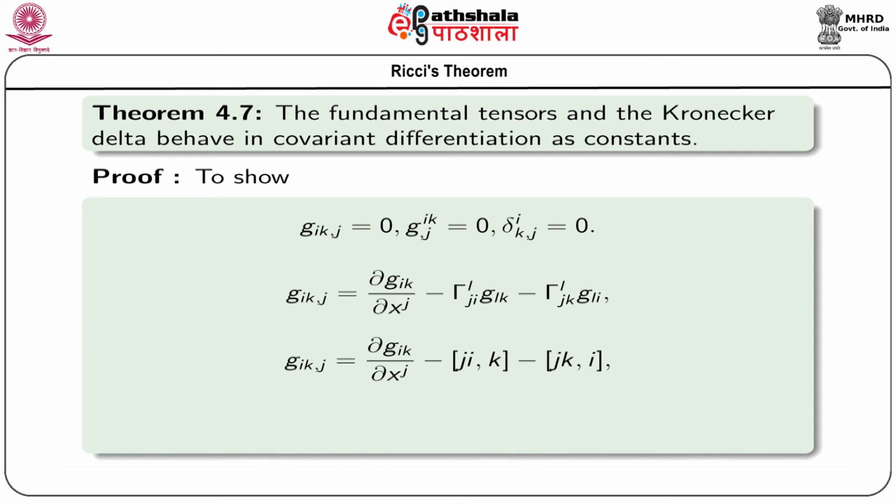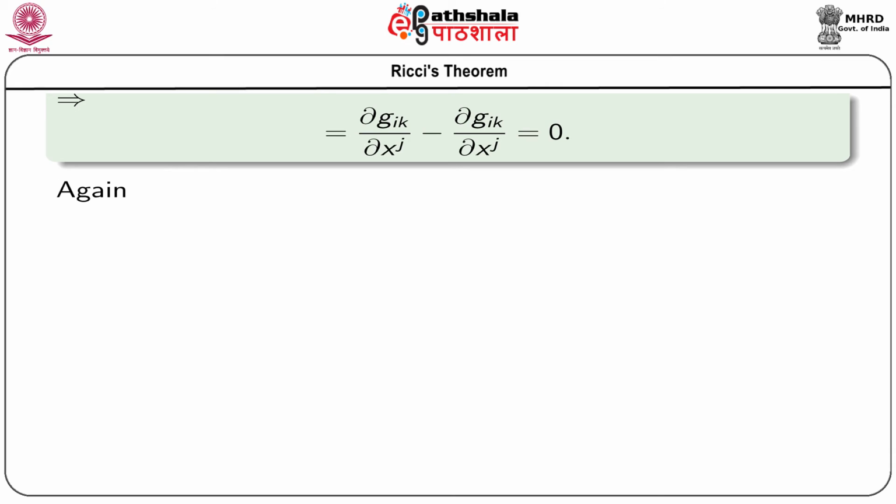Now, using the property of Christoffel symbol, we get this one: ∂g_{ik}/∂x^j - [ij,k] - [kj,i], and this is equal to 0 because the expression for the second and third term is coming to ∂g_{ik}/∂x^j. So, we get g_{ik,j} = 0.